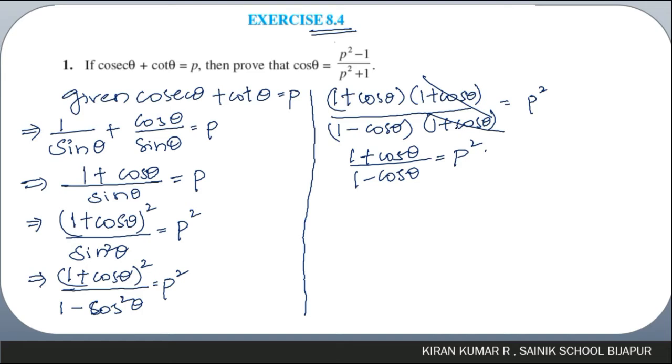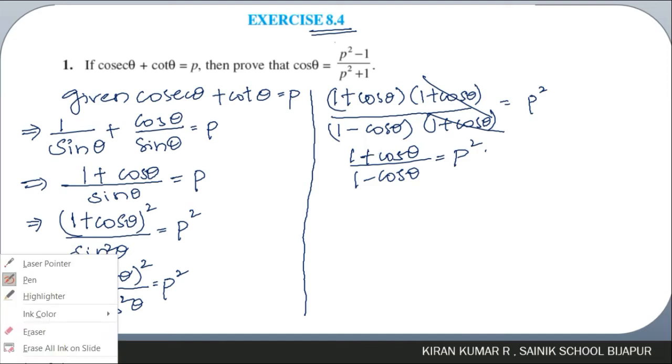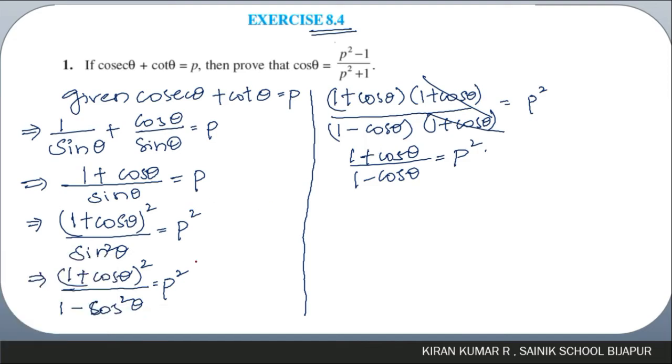There is another property which can be used. This property is called componendo and dividendo. What is this property? Let me give a brief on this property. If we have a by b equal to c by d, then I can write a plus b upon a minus b equal to c plus d upon c minus d.